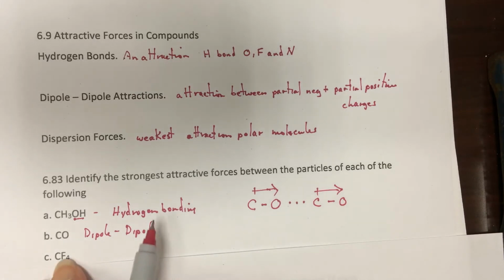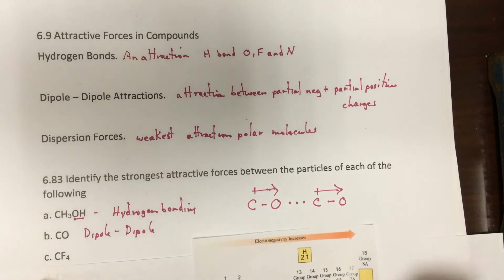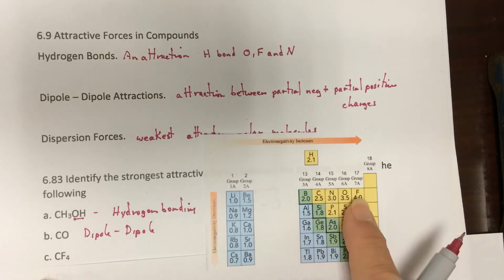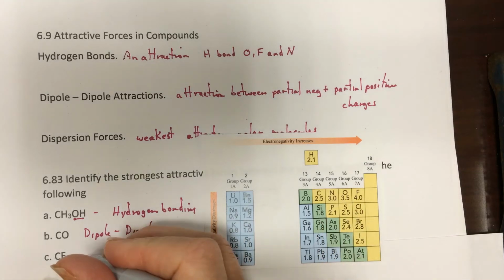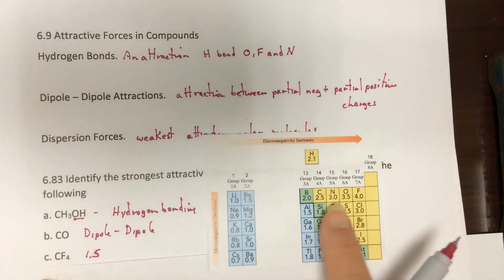Then let's look at carbon tetrafluoride. If we look at the electronegativity for the carbon and the fluorine, carbon is 2.5, fluorine is 4. So we've got a difference here of 1.5.